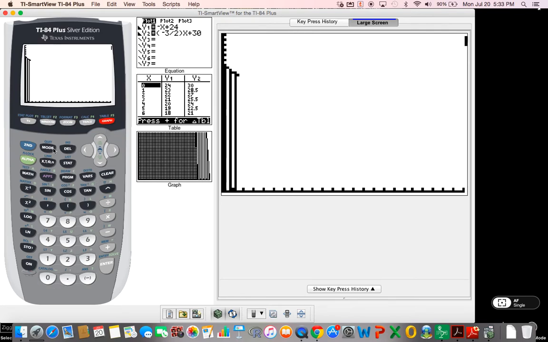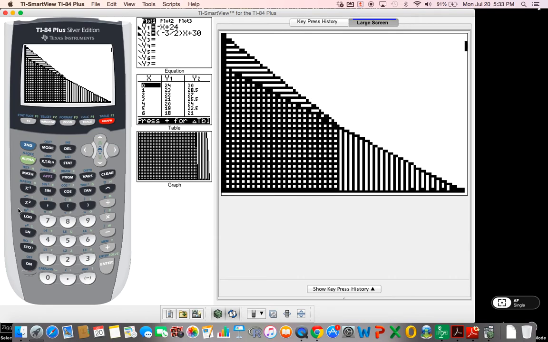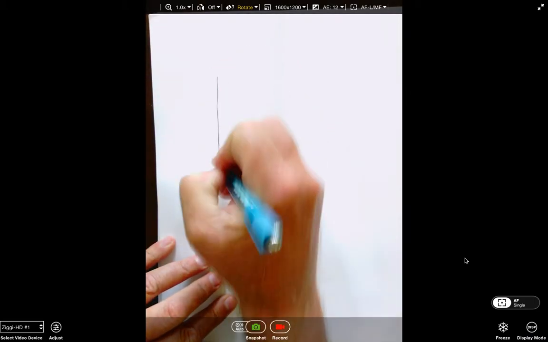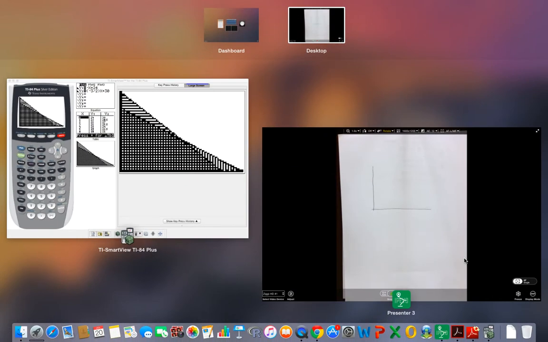So I can hit graph, and I can see that I get my feasible region. So my feasible region ends up looking like, I forgot what it did look like.